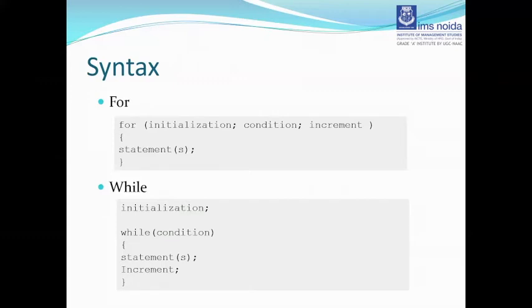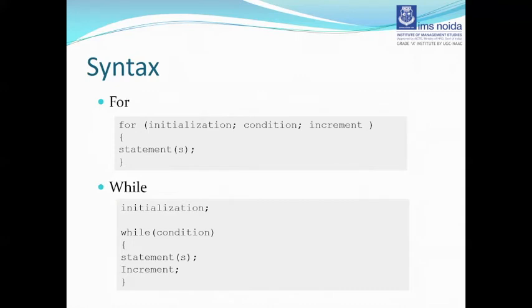Initialization means initialization of the counters which are going to be used inside the loop for counting. Condition is required. If the condition is true, only then will the loop statements be iterated. If the condition is not true, then the statements will not be executed. So the condition is mandatory.